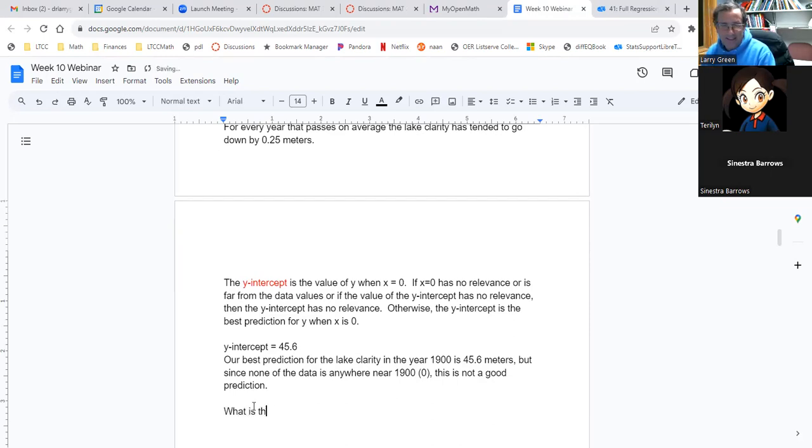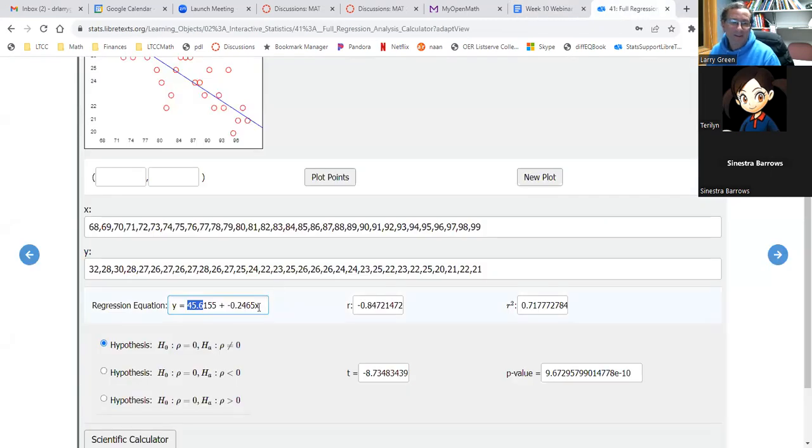So what is the best prediction for the lake clarity in the year 2023? How do we do that? Here's a hint. I just highlighted the regression equation. Any thoughts?